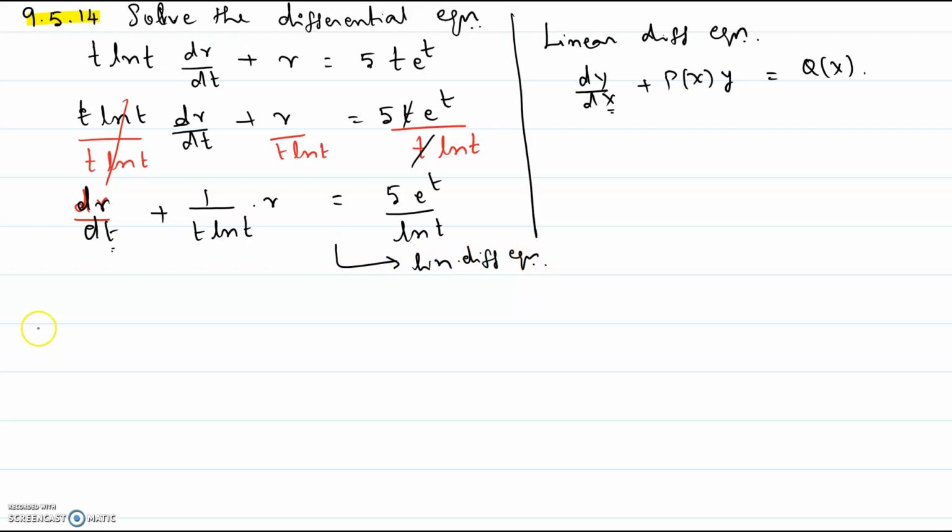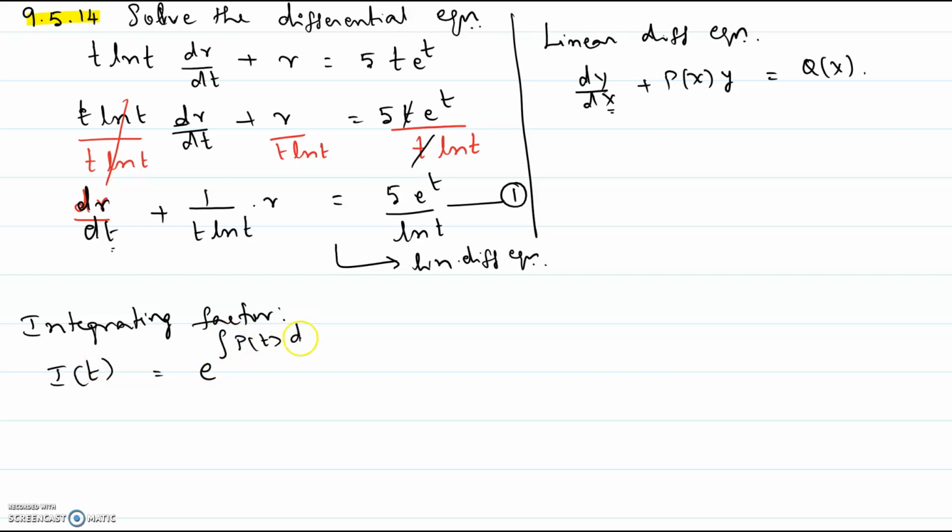Once you determine that, we have to determine the integrating factor. We'll call this equation 1. The integrating factor is a function of t in this case. It will be I of t equals e to the integral of p of t dt.